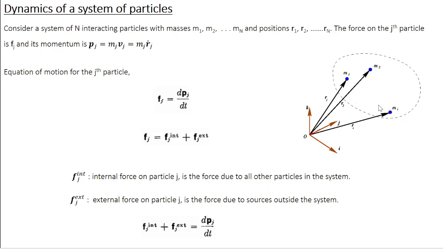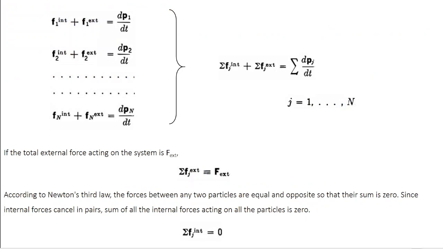Similarly, forces between m1 and m3 also cancel each other. In other words, the internal forces between all these particles, since they act in pairs, are going to cancel each other. So the net internal force, summation over j fj internal, is going to be 0.